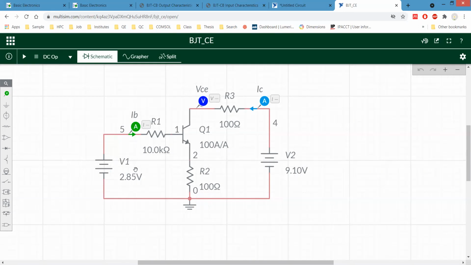And the collector, which is N-type, is also connected to the positive terminal. So from there you can comment that it is in reverse bias. Did you follow that? Yes, sir.